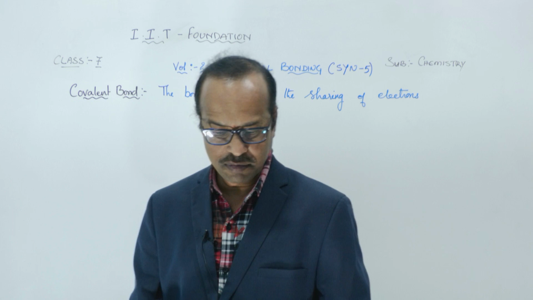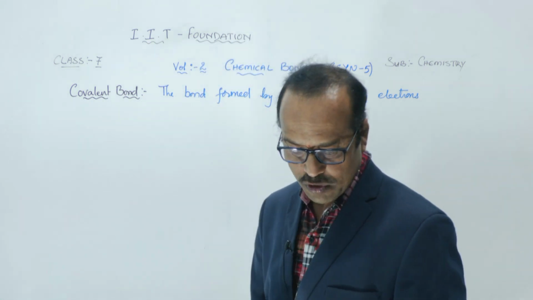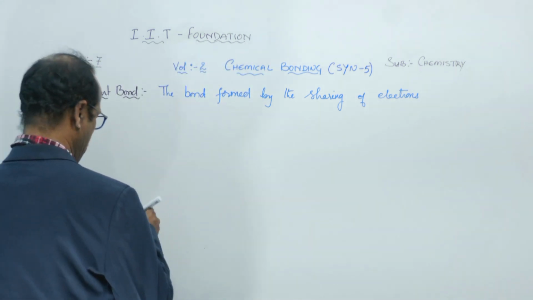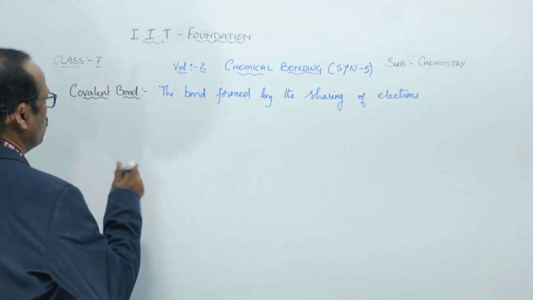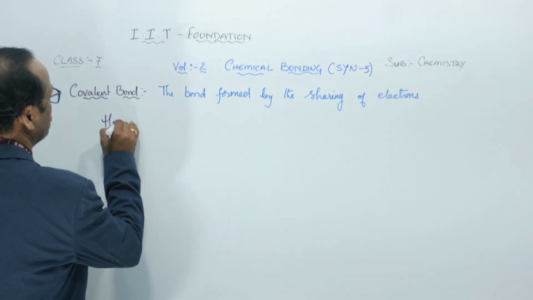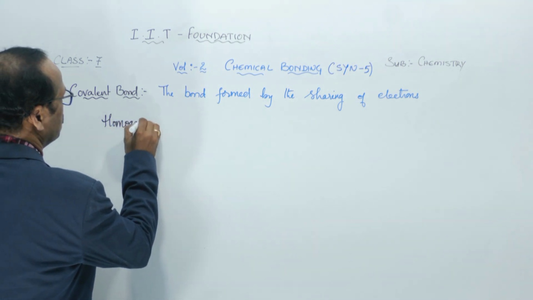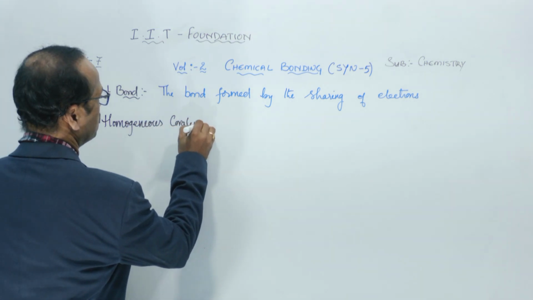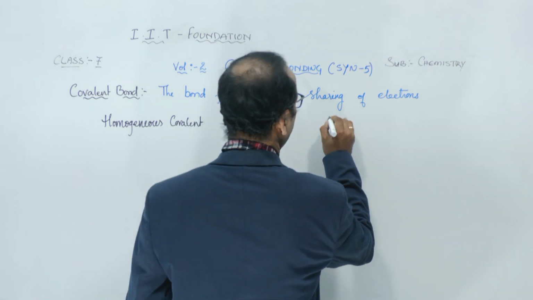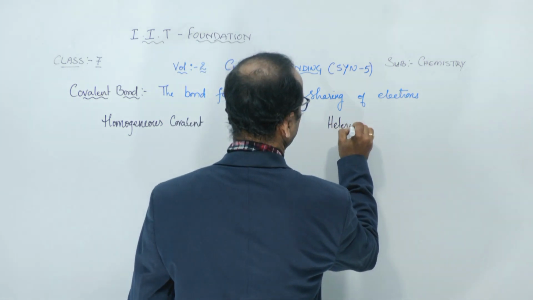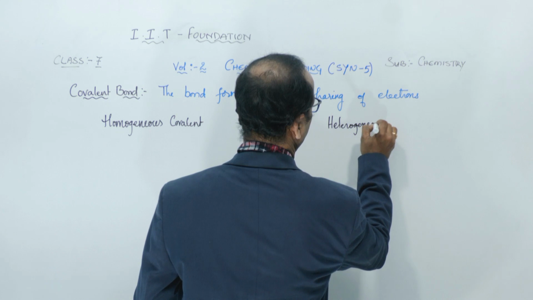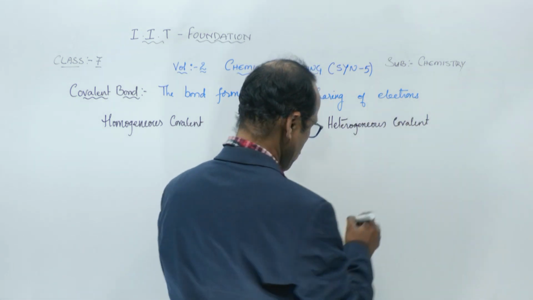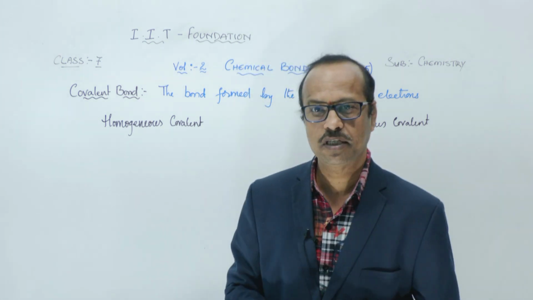When we see the types of covalent bonds, there are the homogeneous covalent bonds and the heterogeneous covalent bonds. So covalent bonds are of two types. One is called homogeneous covalent bond, and the second one is heterogeneous covalent bond. What do homogeneous and heterogeneous mean?